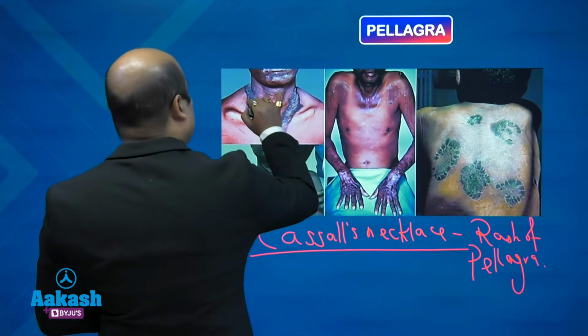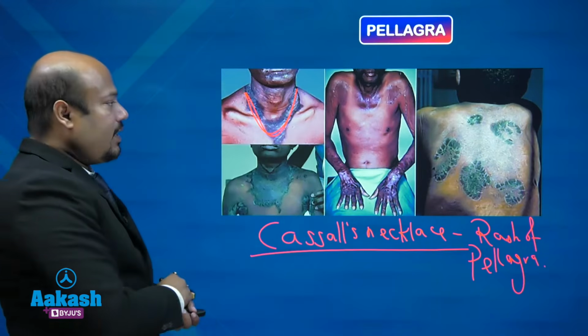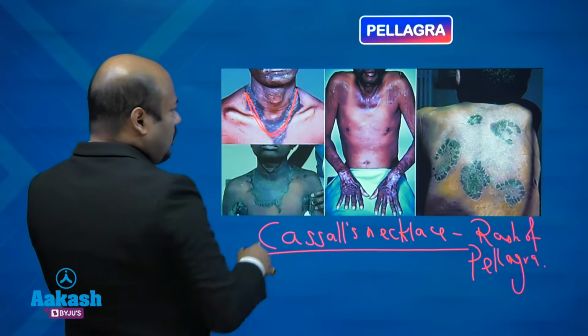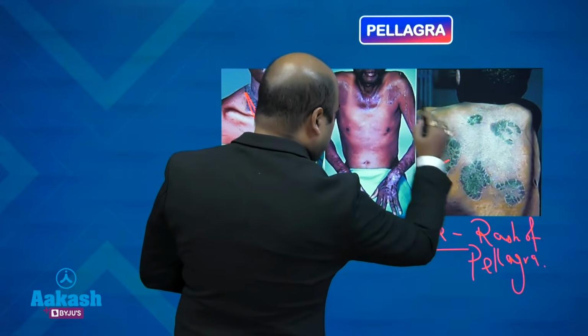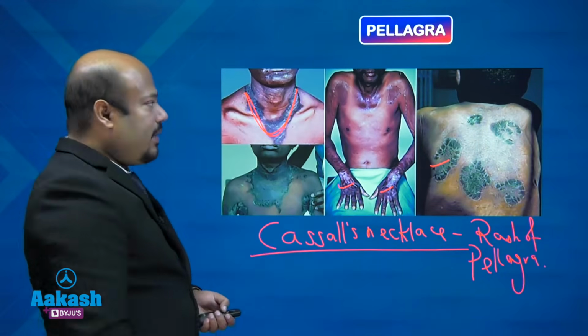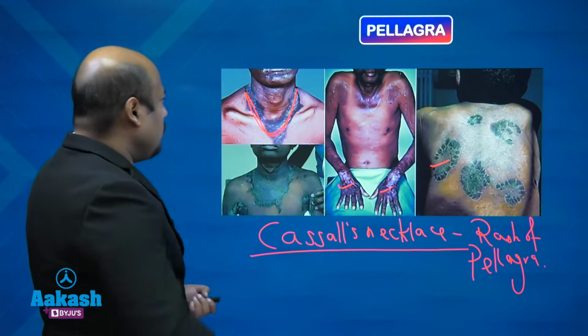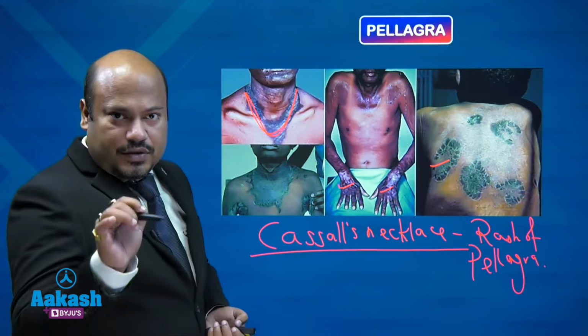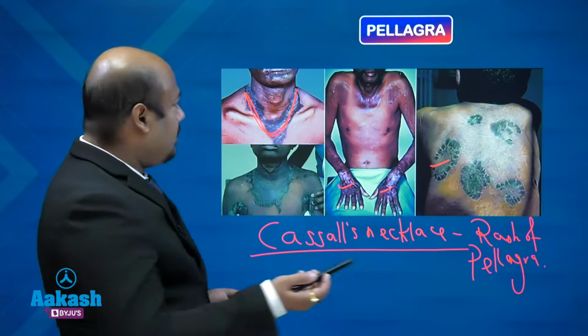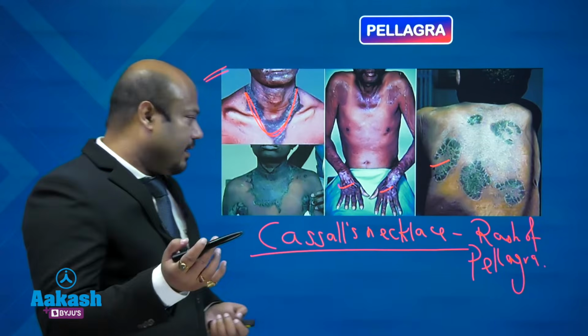You can see this particular rash here, Casal's necklace. Dermatitis over the neck, over the trunk, and also over the hands, along with dementia, diarrhea, and ultimately death. If it's an image based question in the forthcoming PGs, they can give you this particular image and ask you the diagnosis. So what is the answer in that case? Pellagra.